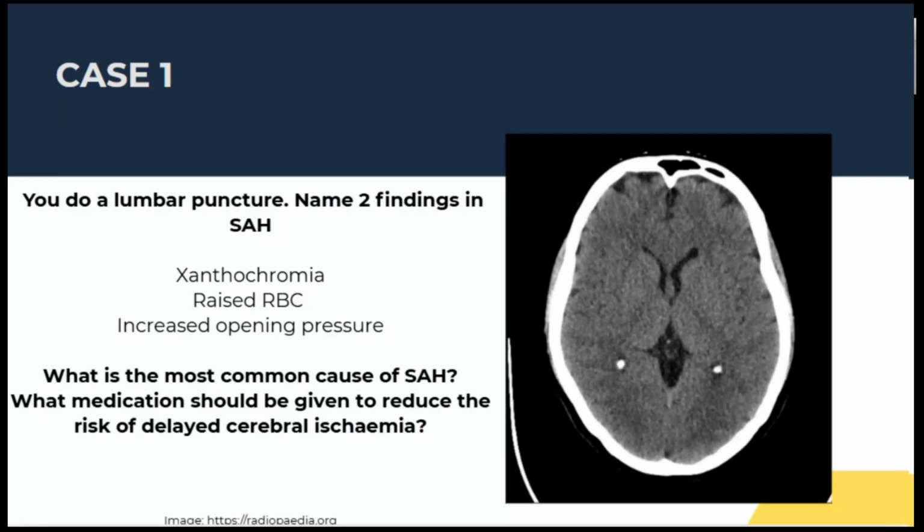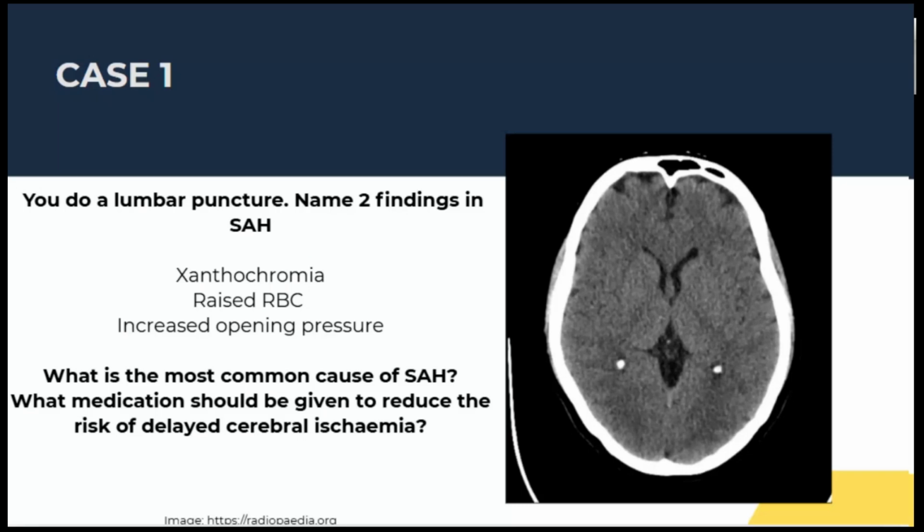Can anyone tell me what the most common cause of subarachnoid hemorrhage is? It was on the previous slide, and what medication can be given to reduce the risk of cerebral ischemia? Verapamil is not what I was thinking.